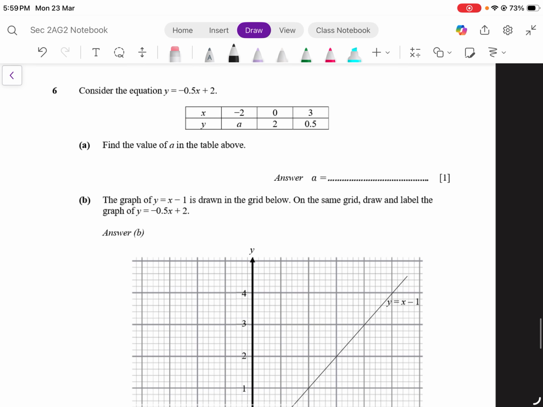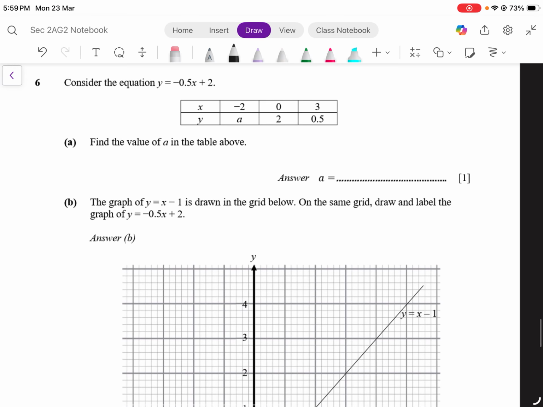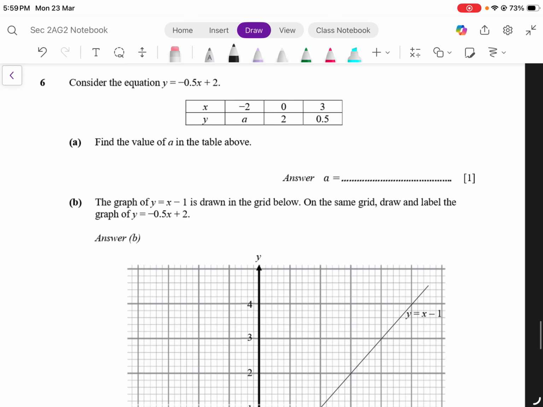We move on to the next one. Consider the equation y equals minus 0.5x plus 2. Find the value of a. Again, a is y when x is minus 2. So y equals minus 0.5 times minus 2 plus 2. Multiply half times 2 is 1, plus 2 equals 3.